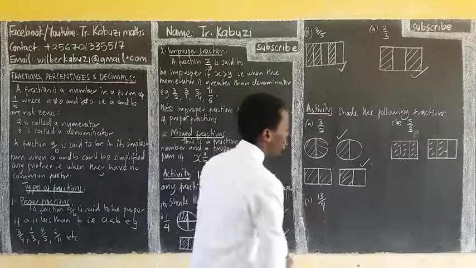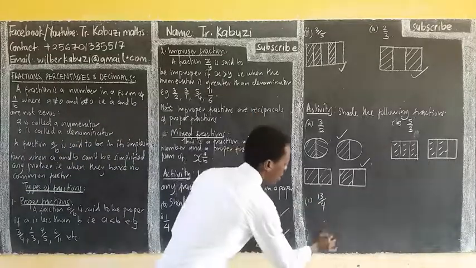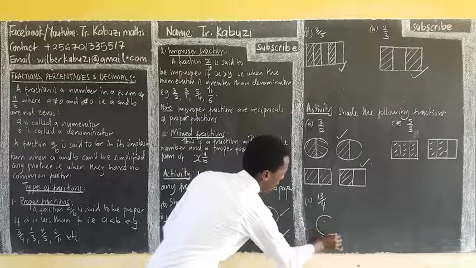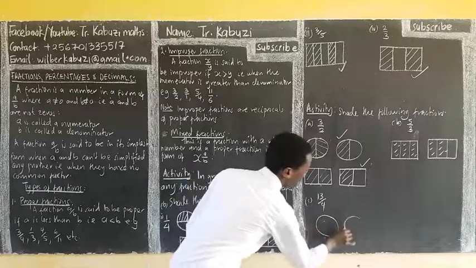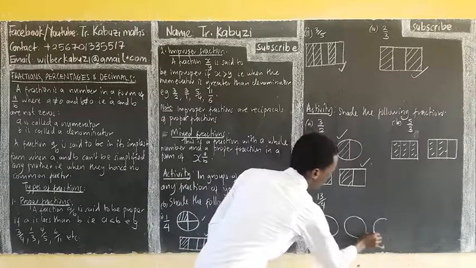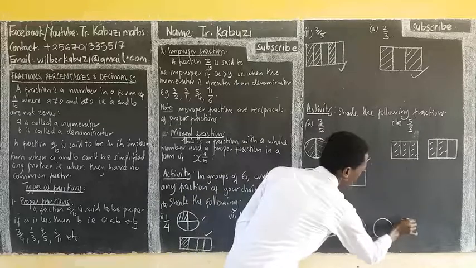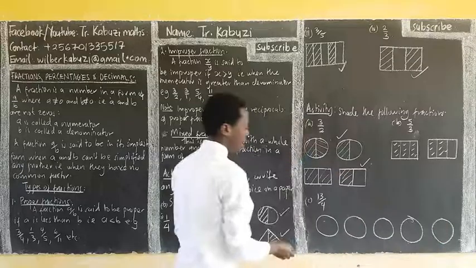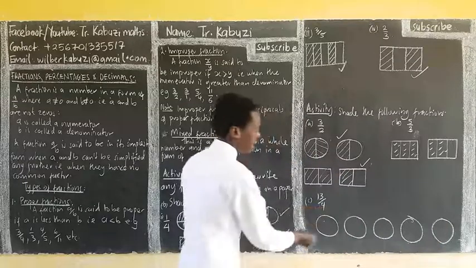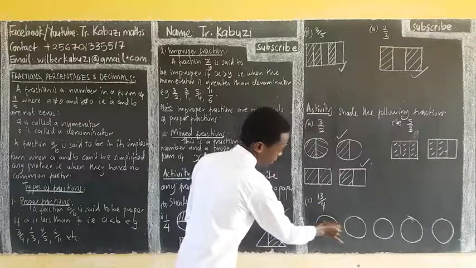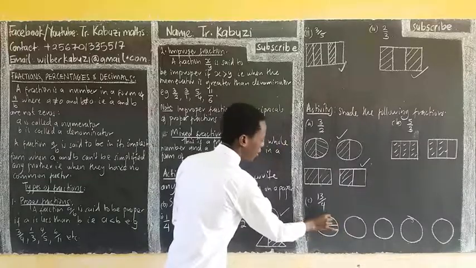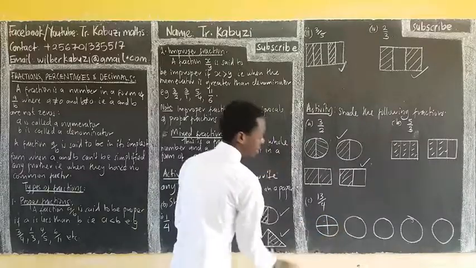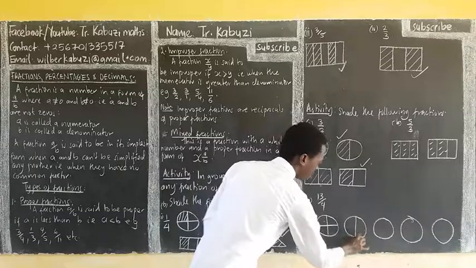So here, I'm going to use circles now. I'm going to be handling the first circle, the second circle, the third circle, the fourth, then the fifth. So the denominator means that I should divide each circle into 4 parts, like that.